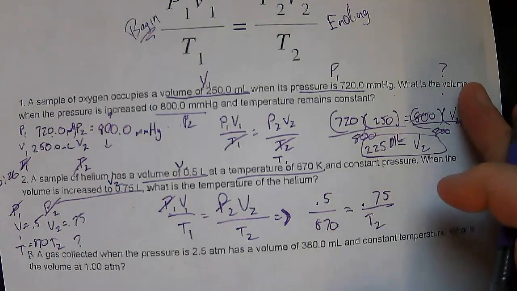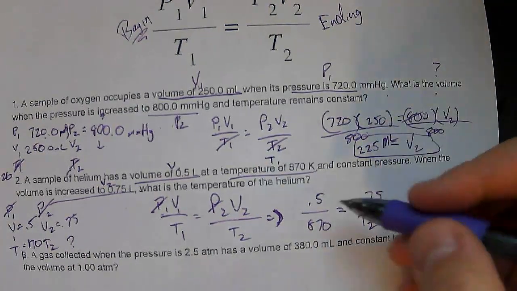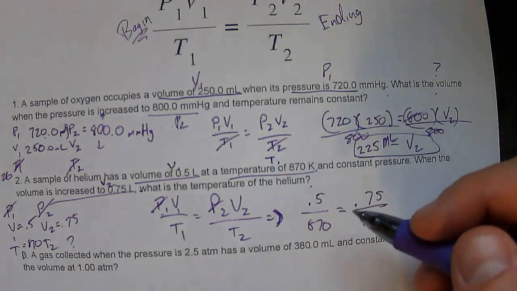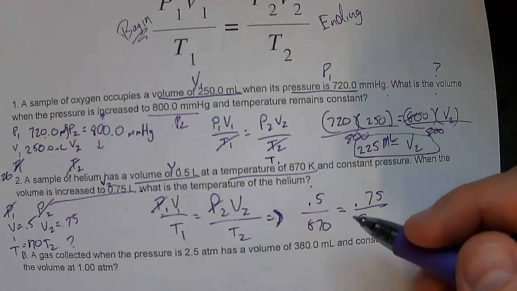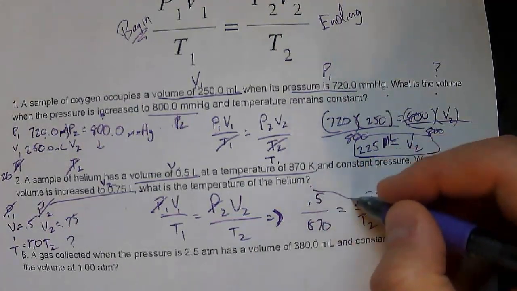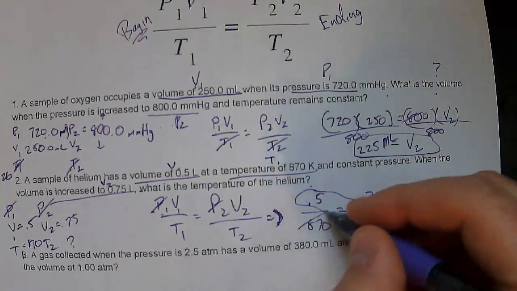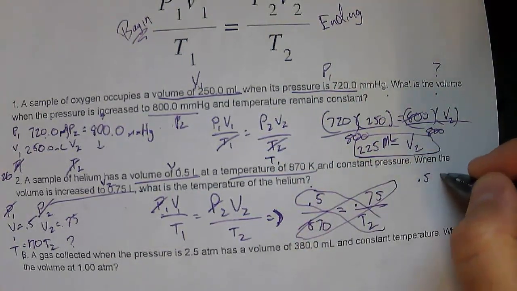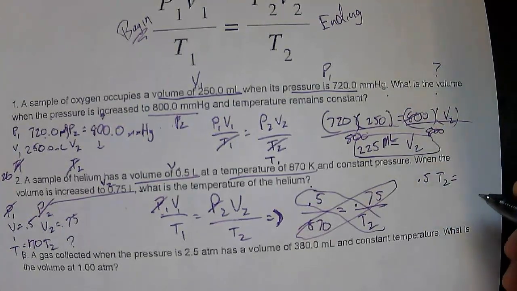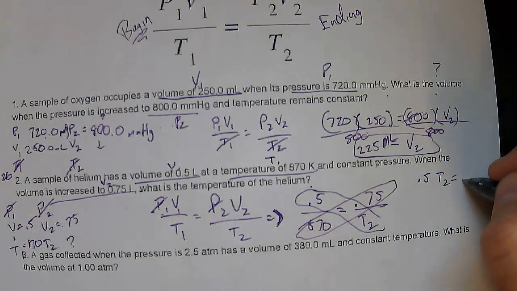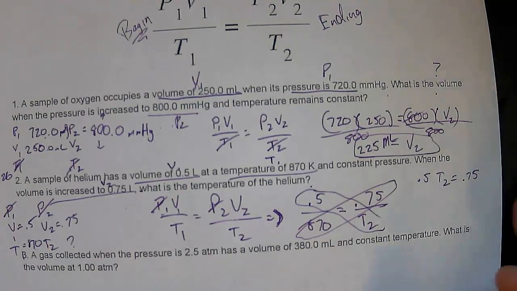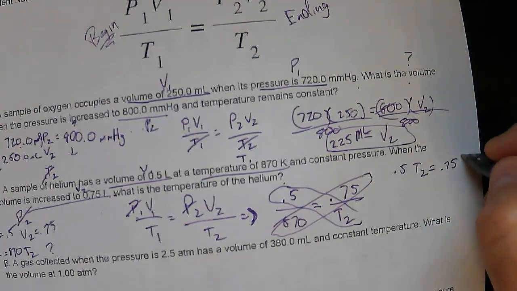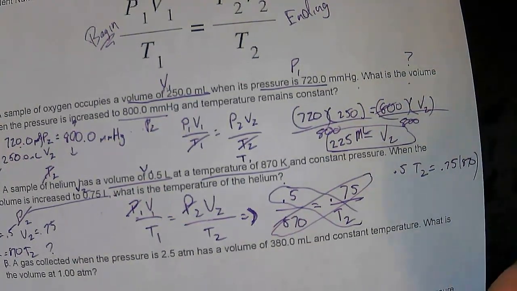Now we're going to cross multiply, using what they call the butterfly method. We take these two and put them together, and these two together. So we get 0.5 times T2 equals 0.75 times 870.